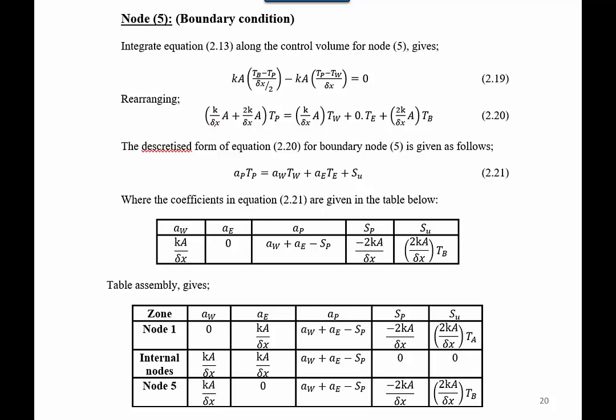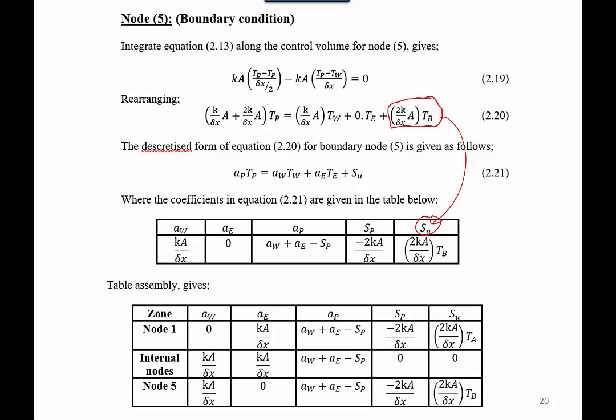Since there is no TE, we'll put 0 multiplied by T east, and there will be a remaining value, which is 2Ka over delta X multiplied by the boundary condition TB, and this will be SU.